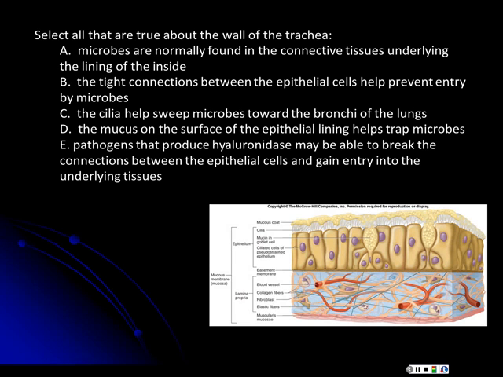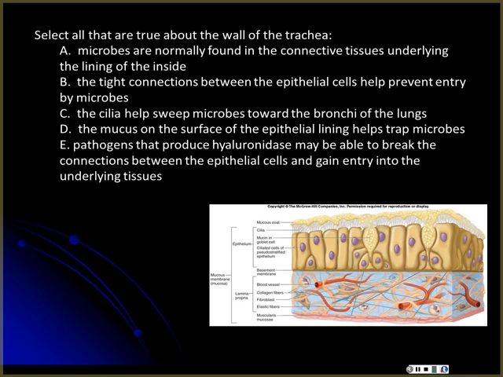Let's see, select all that are true about the wall of the trachea. Pen doesn't want to come up. So again, with these types of questions, just read really slowly and go through them step by step. How about A? Microbes are normally found in the connective tissues underlying the lining of the inside.